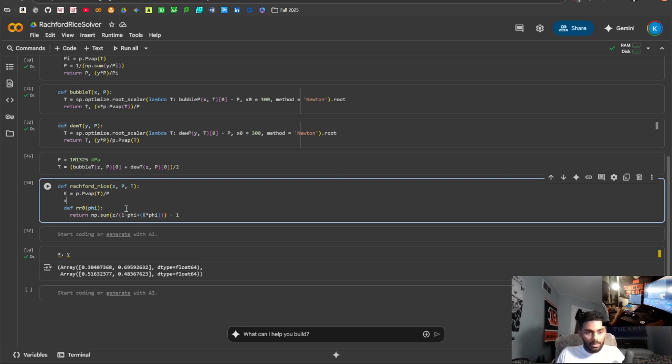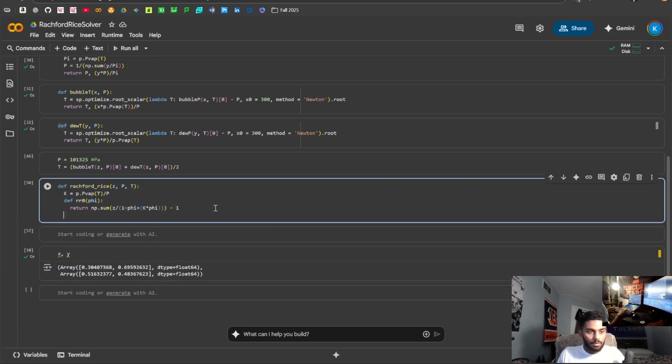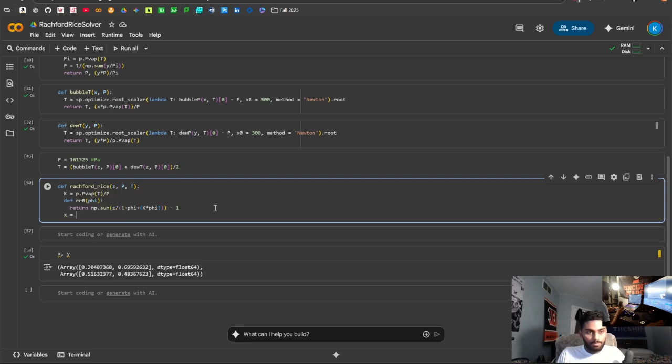So x is going to be equal to, well, let me have this after here. So now x is going to be equal to whatever is in our parentheses here. All right.